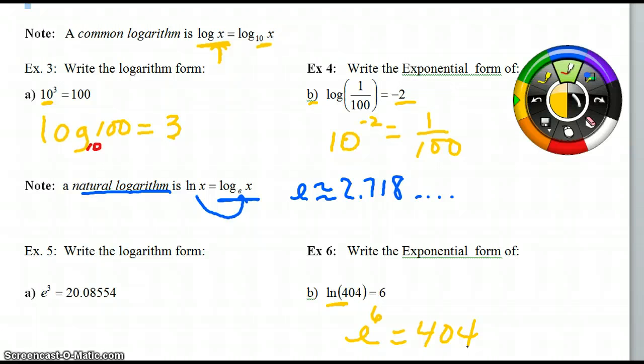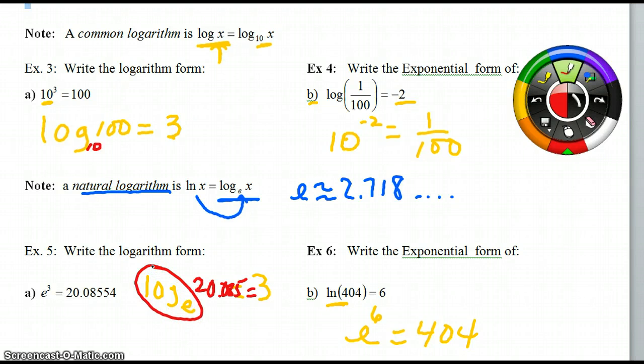To write a log, one way to do it is to say log base e. So I would go down here and put a little e there. Put your equals, and this is where your exponent goes. And what does that equal? We'd put 20.085. We run out of room there. And for our argument, and again, this is where we'll use a shorthand.